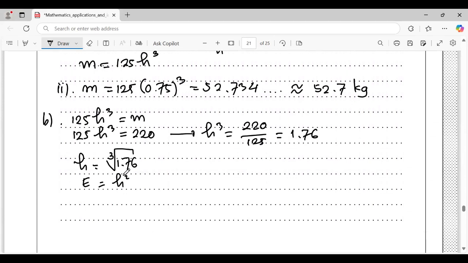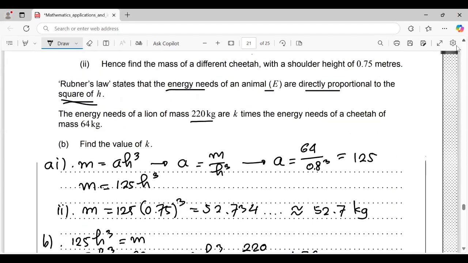So it means E equals the cube root of 1.76, squared, like that. That is E. Next. And also E equals K times H squared according to this information.